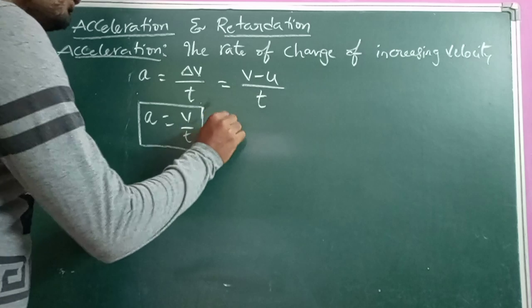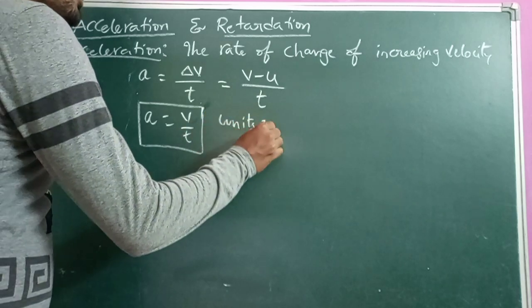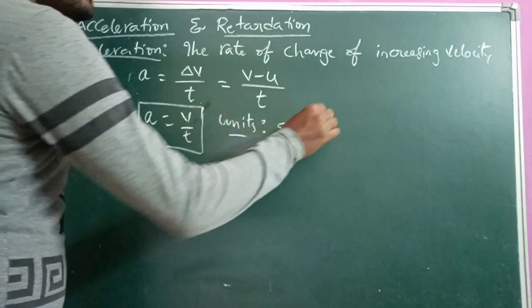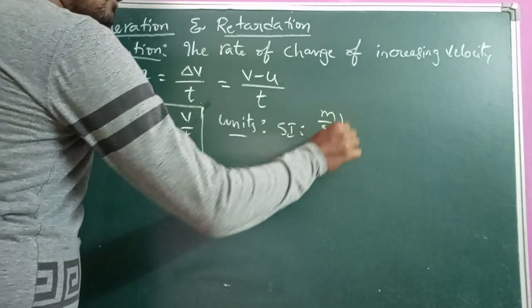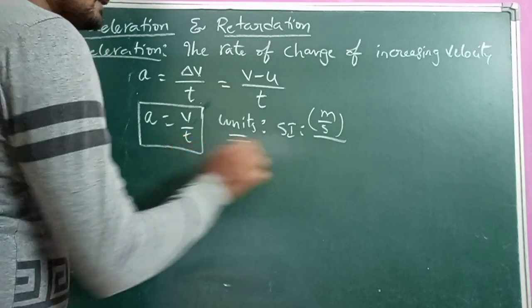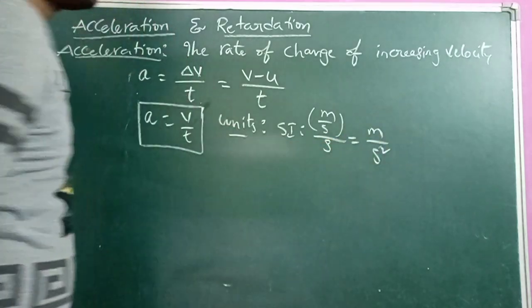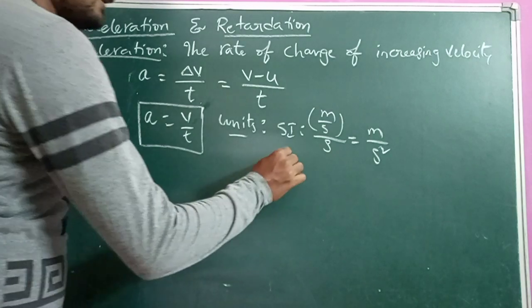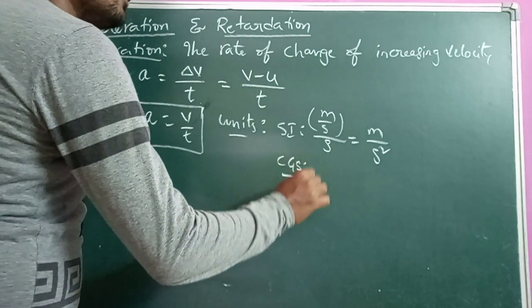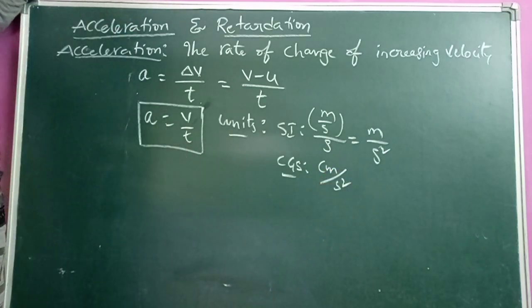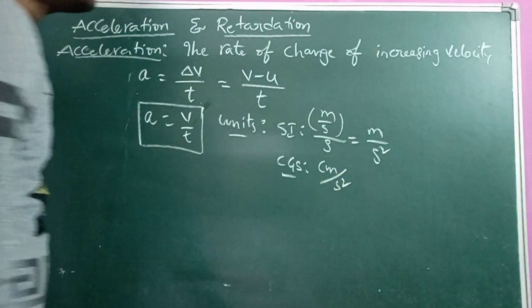If we consider the units for acceleration, the SI unit: velocity is meter per second and time is second, so meter per second square is the SI unit. Coming to the CGS unit, it is centimeter per second square.